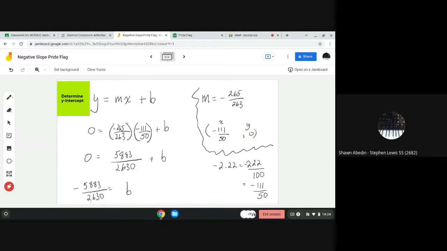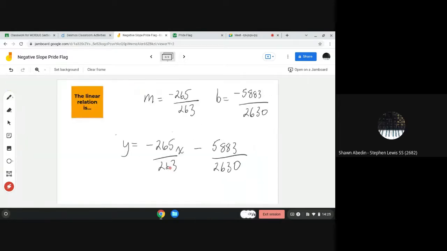And then here, what we're doing is we're multiplying numerators and denominators. We end up with this fraction, 5,883 over 2,630. Subtract that on both sides. And we end up with this as our y-intercept. Makes sense. It should be a value that is less than 0, so it's negative.